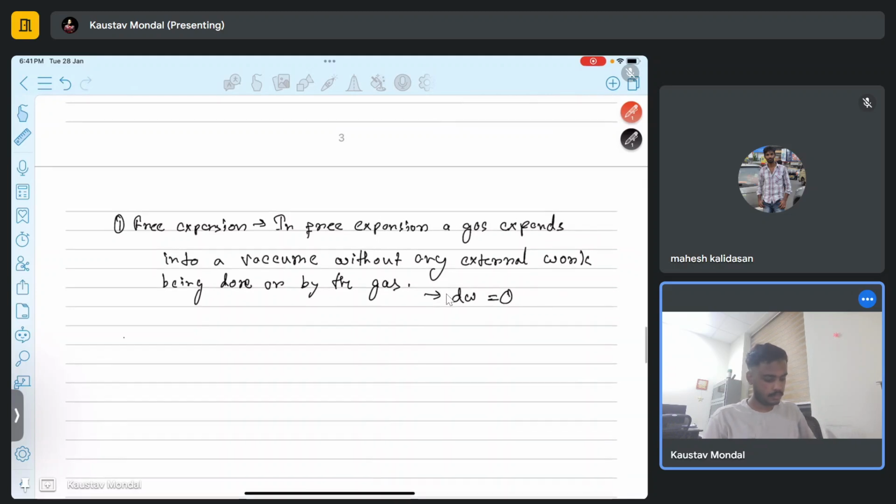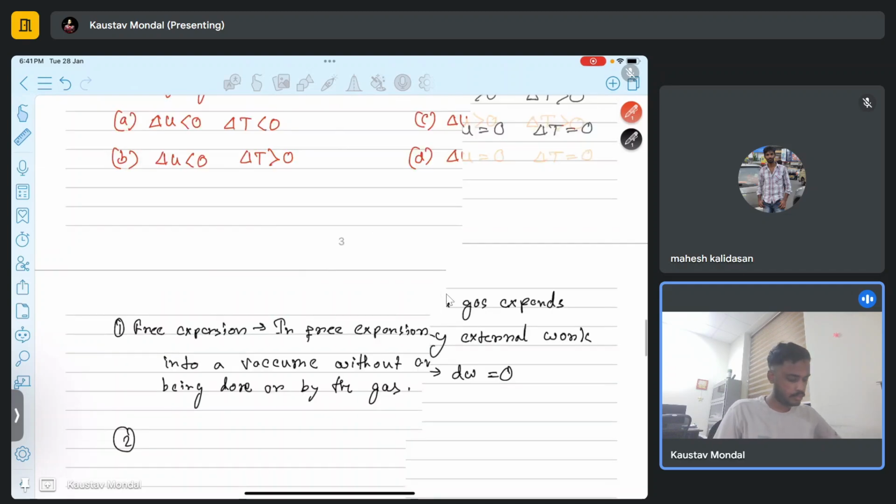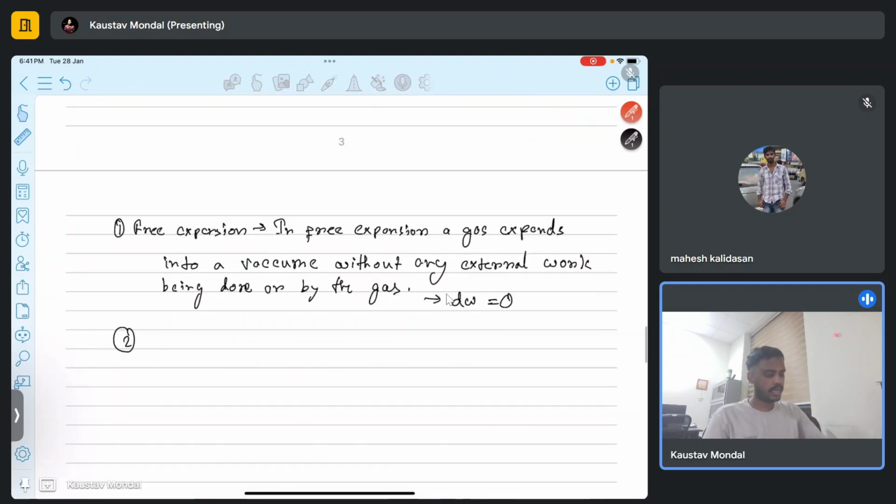Now next is the adiabatic process, which is given in the question. So what is an adiabatic process? Let me write this also.